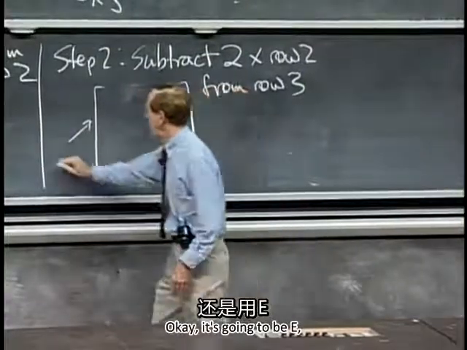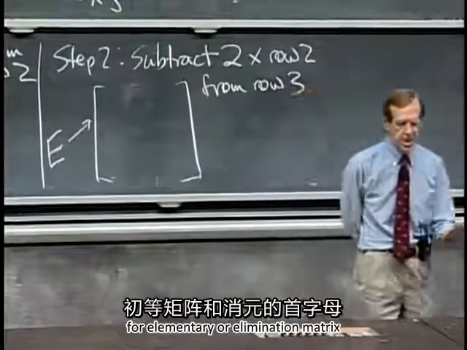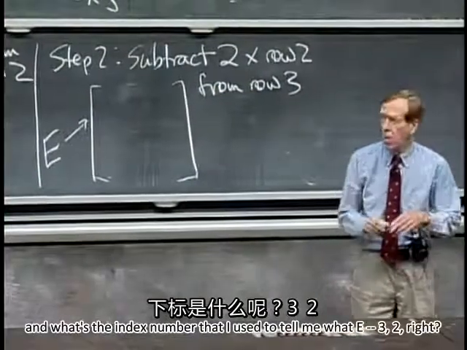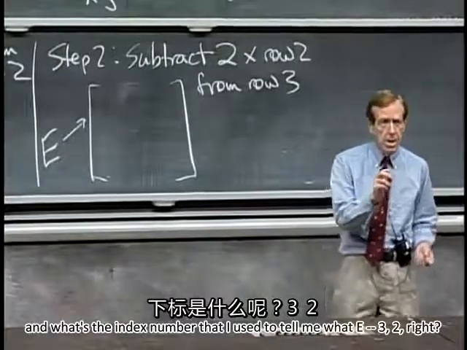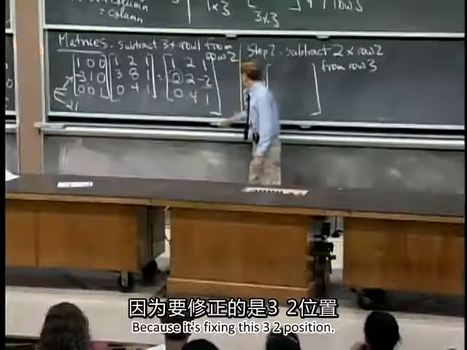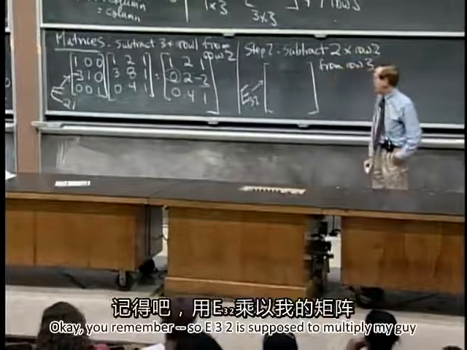It's going to be E, for elementary or elimination matrix. And what's the index? E32, right? Because it's fixing this 3-2 position. And what is the matrix now?